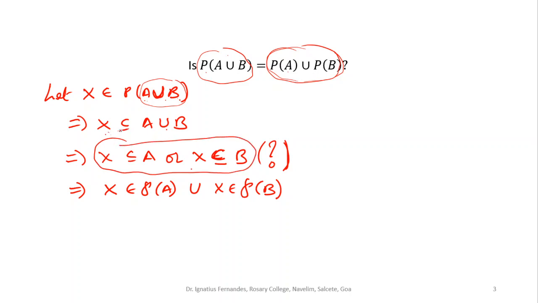From X being a subset of A union B, can I really say X is a subset of A or X is a subset of B? Now this is something that we need to answer, and in this case the answer is no.